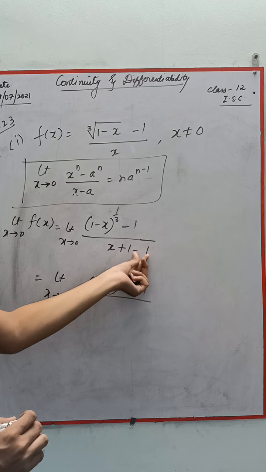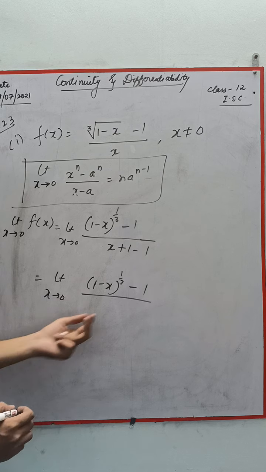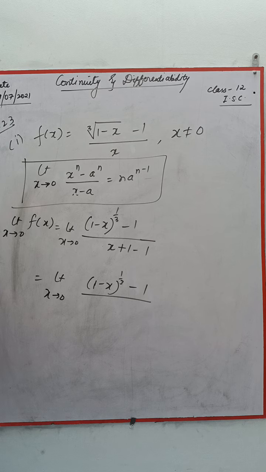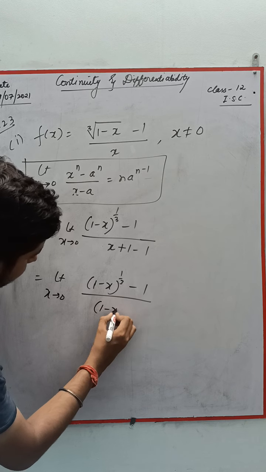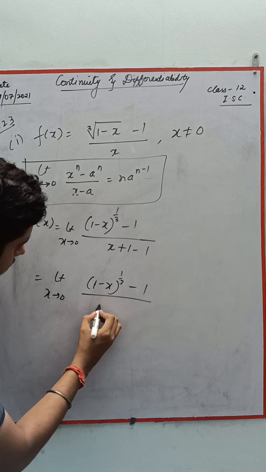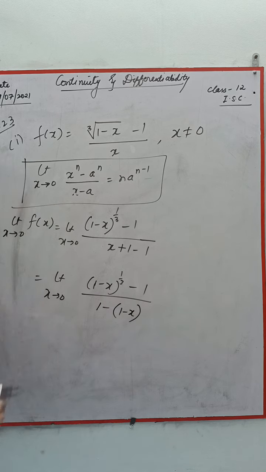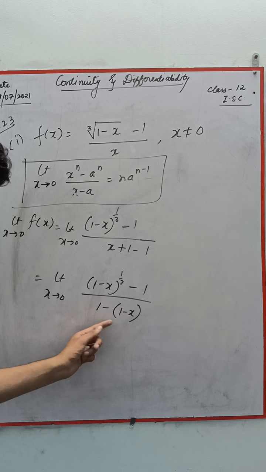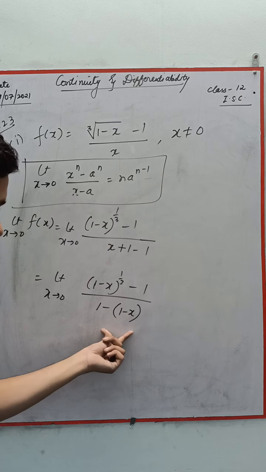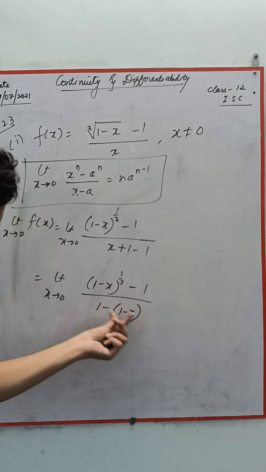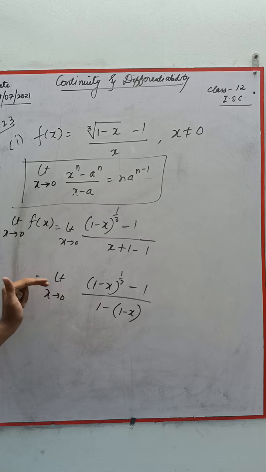From this minus 1 and this plus x, I am taking minus common. So it will become 1 minus of x, and finally it will be 1 minus 1 minus minus plus of x, which gives the same.